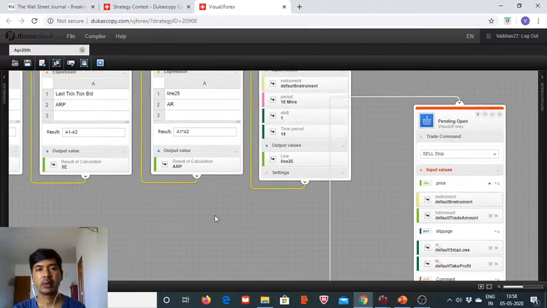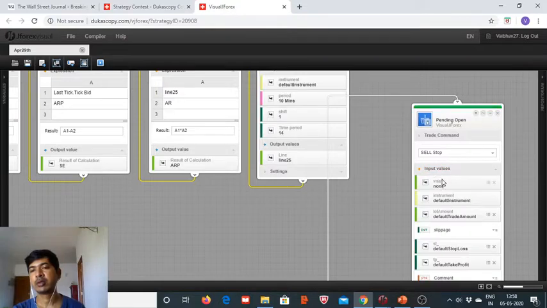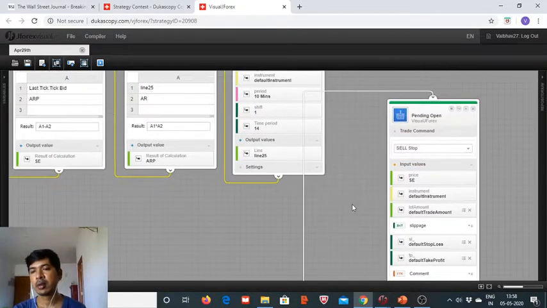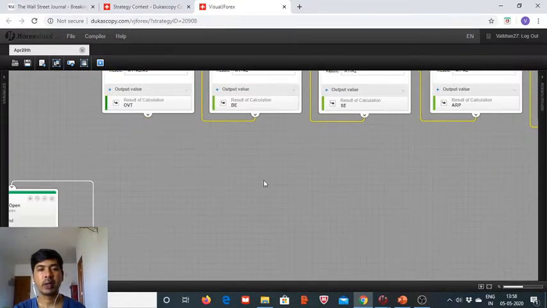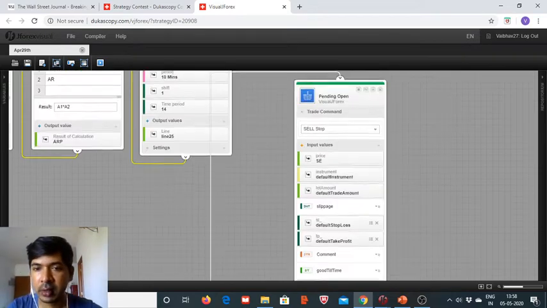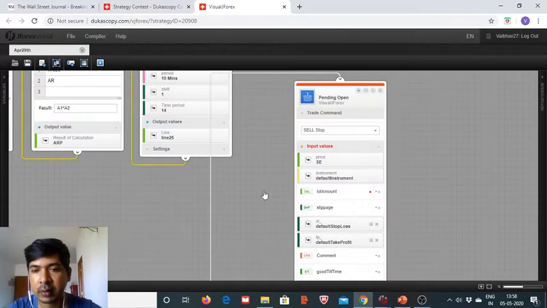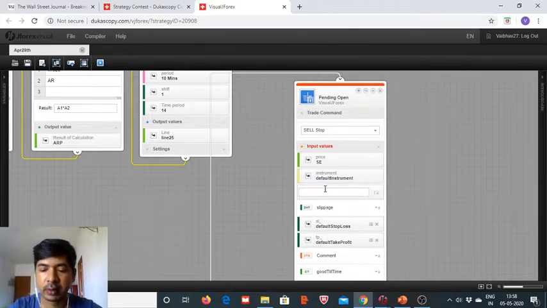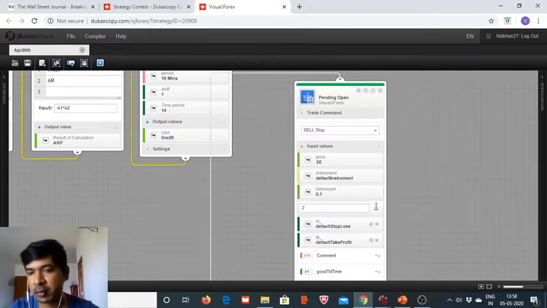For that we need to use this earlier calculation which we had done. The default instrument is alright. The trade amount we generally set at 0.1 million. So for the sell side also we will do the same, 0.1 million. The slippage will be of 2 pips. 2 pips is more than good enough.